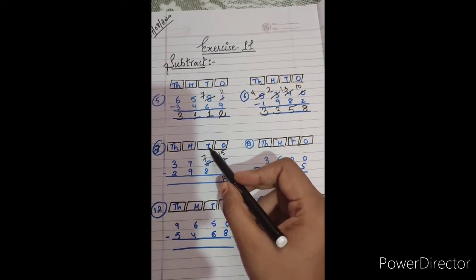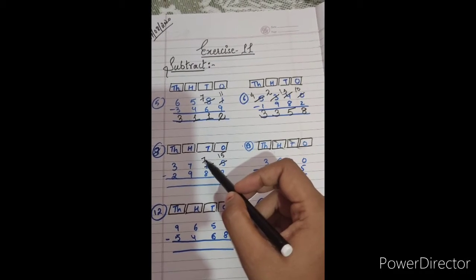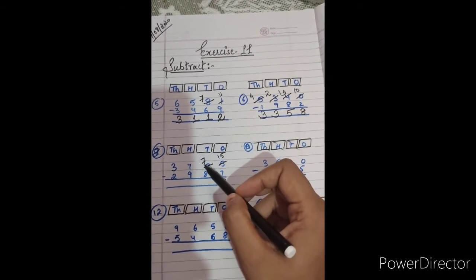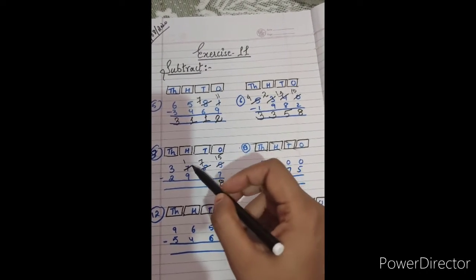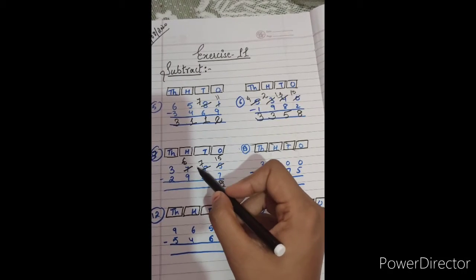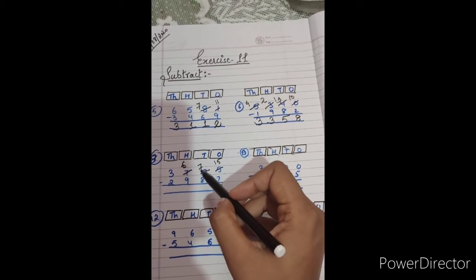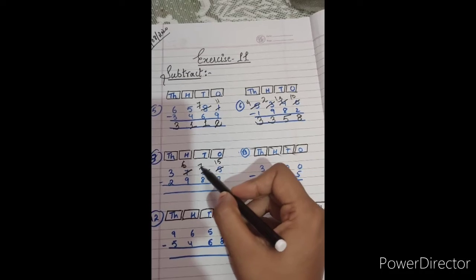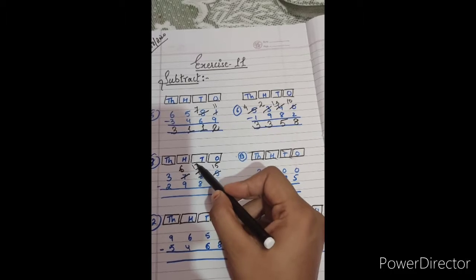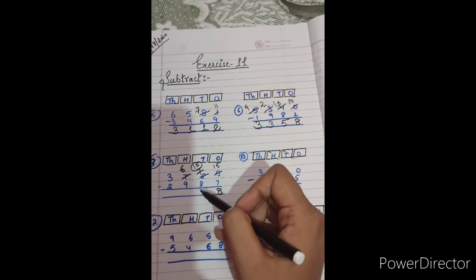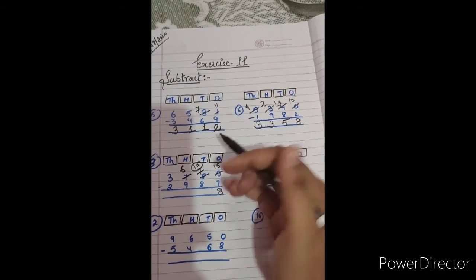Now subtracting the tens, we want to subtract 8 from 7. But it is not possible because 8 is greater than 7, right? So from the 100 column, we borrow 100 and leaving behind 6, and 100 plus 70 becomes 170, 17 tens, right? So 17 minus 8 is 9.